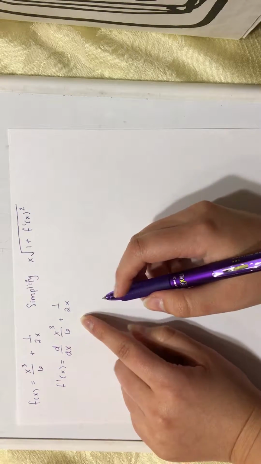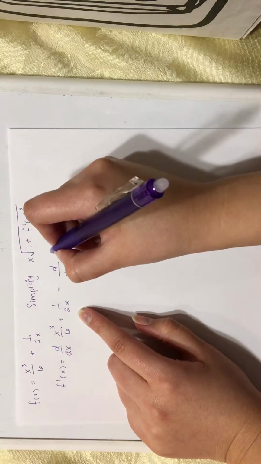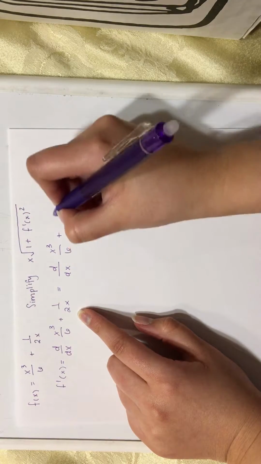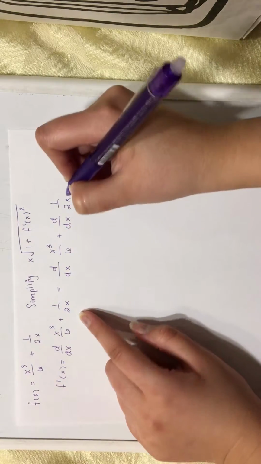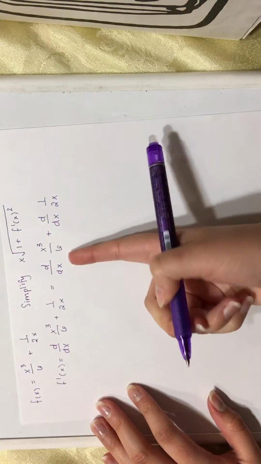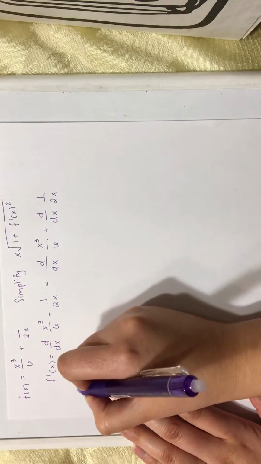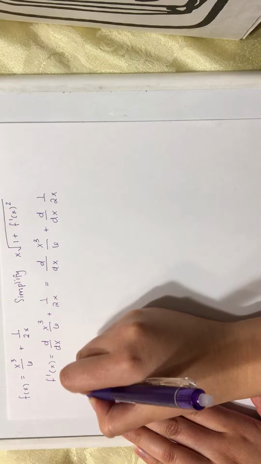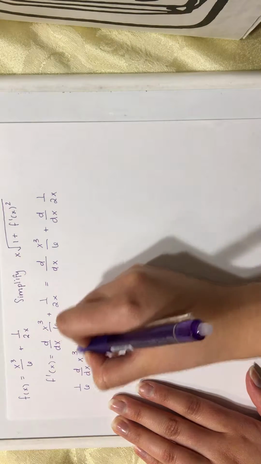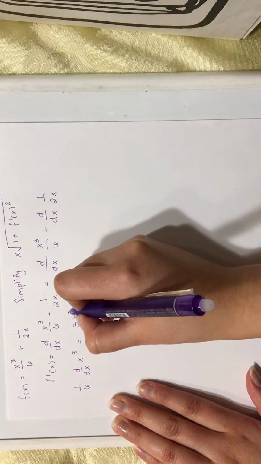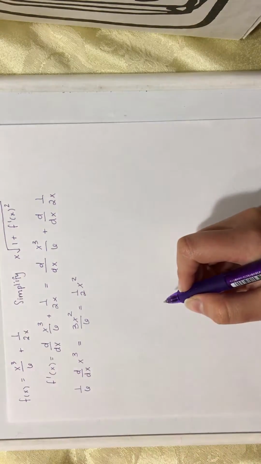So take the derivative of this, which is the same as taking the derivative of each of these separately and adding them after. So first we'll take the derivative of x cubed over 6, which is, take the constant out to make it easier, x cubed over 6, which is the same as 1/2 x squared.